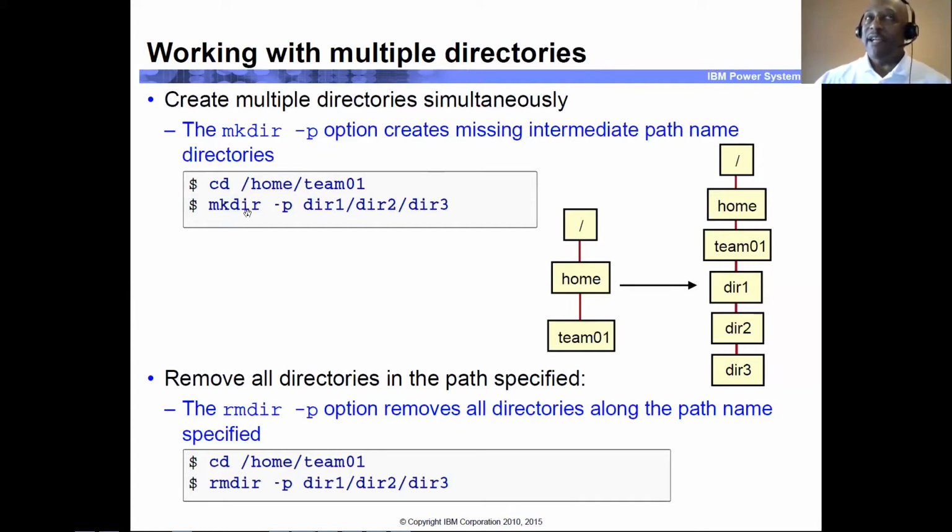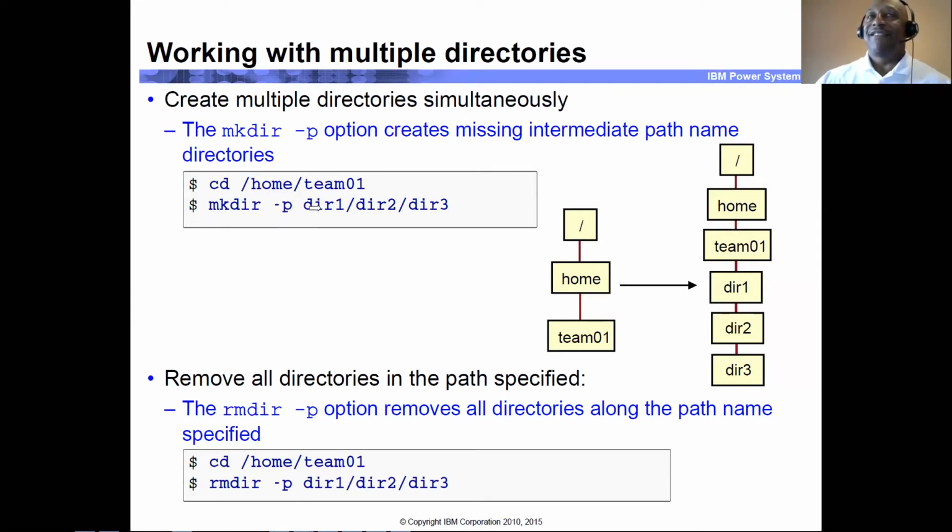Now, when a customer creates directories in this manner, think about this, and I'll put up a different example also. mkdir creates directory 2 as a subdirectory of directory 1, and directory 3 as a subdirectory of directory 2, which is a subdirectory of directory 1.